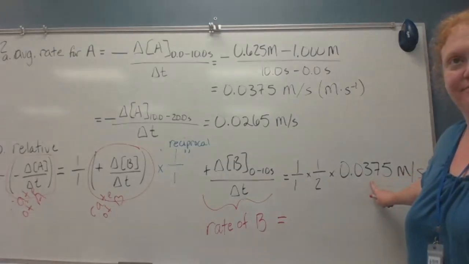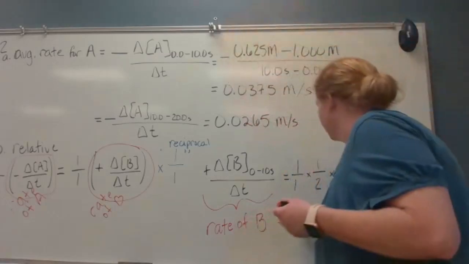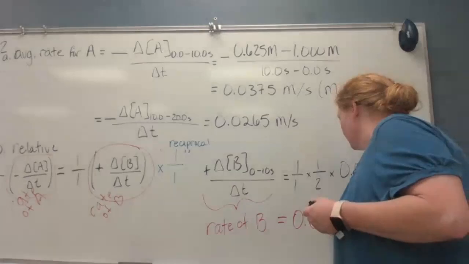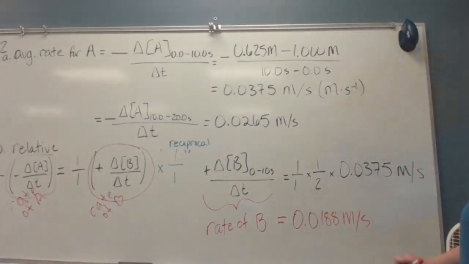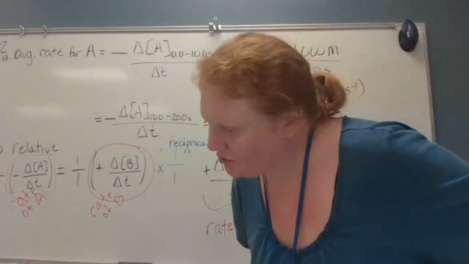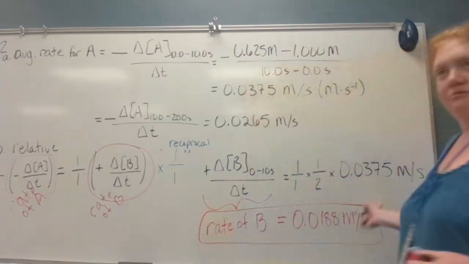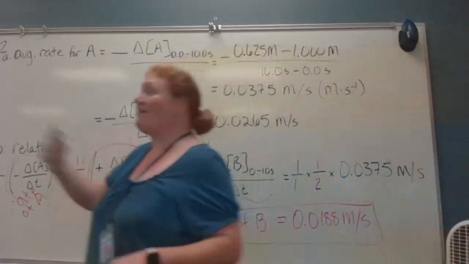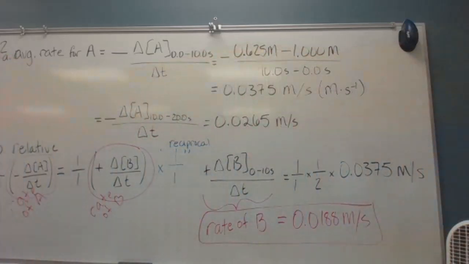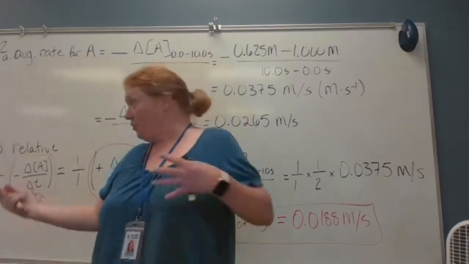Half that number, right? .0188 is what I got when you round for sig figs. Half. B forms half as fast as A disappears. Or you could say it, A disappears twice as fast as B forms.